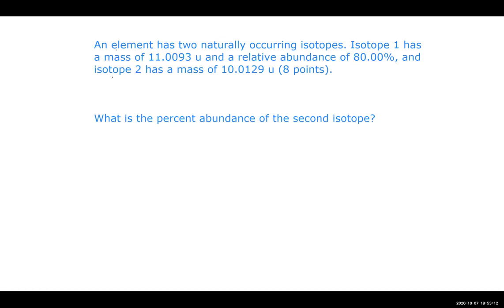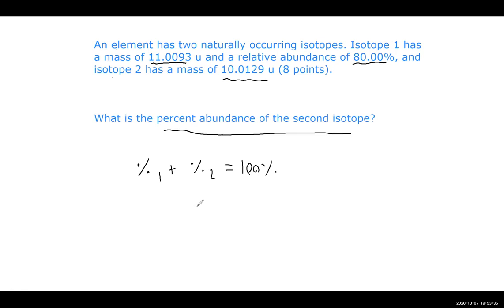So an element has 2 naturally occurring isotopes. Isotope 1 has a mass of this and an abundance of 80%. Isotope 2 has a mass of this. We're asked, what is the percent abundance of the second isotope? Well, we know that the percent abundances of all of our naturally occurring isotopes should add to 100%.